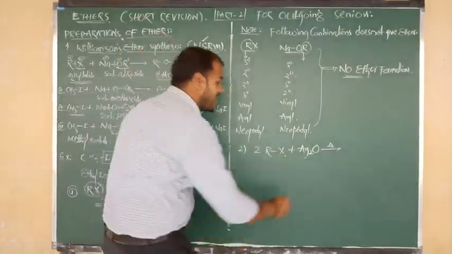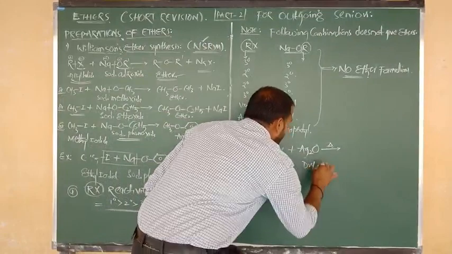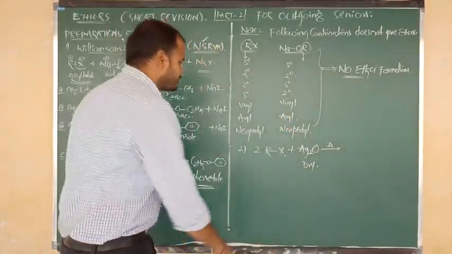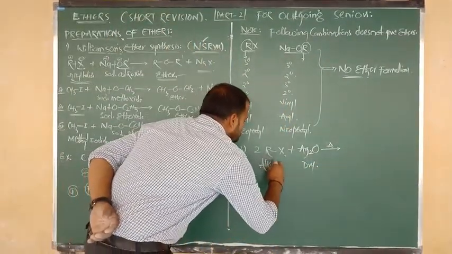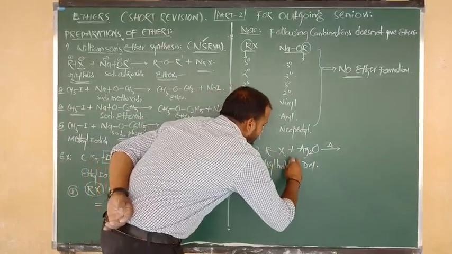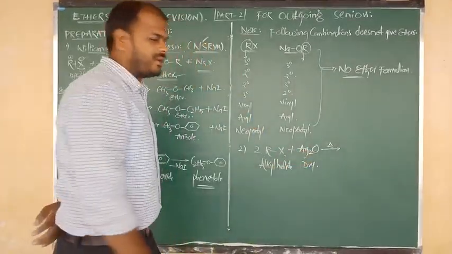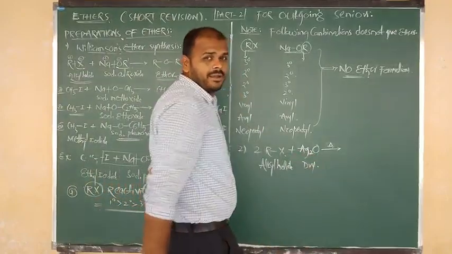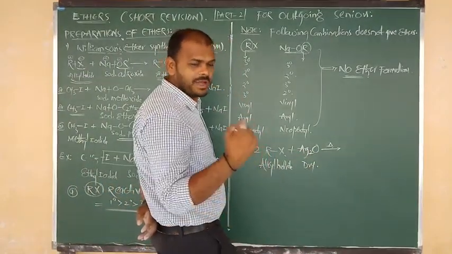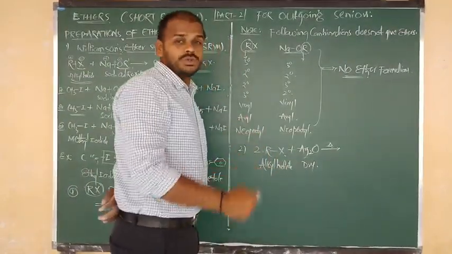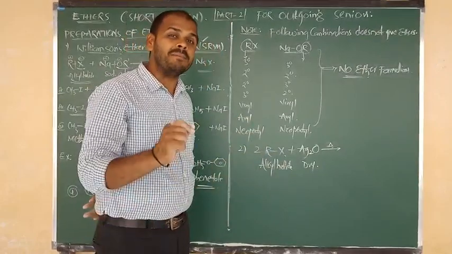But which silver oxide? This is reaction with dry silver oxide. Alkyl halides on reaction with dry silver oxide form the product. Before writing the product, I want to mention a byproduct.